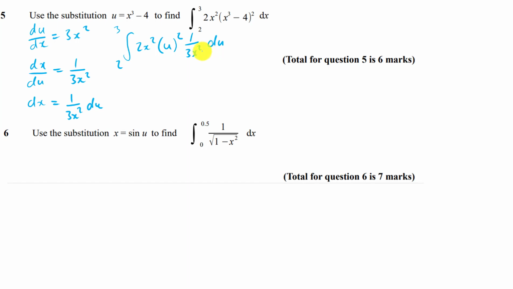Now what we're going to get is, those x squareds will cancel, so we're going to get 2 over 3 u squared du.